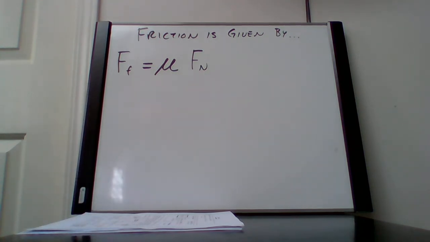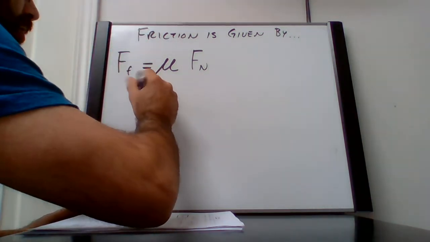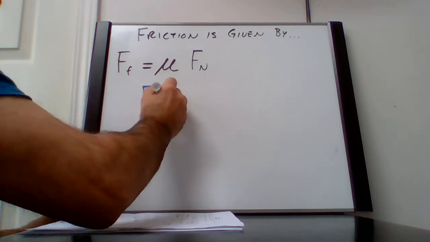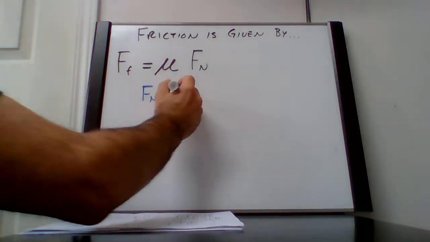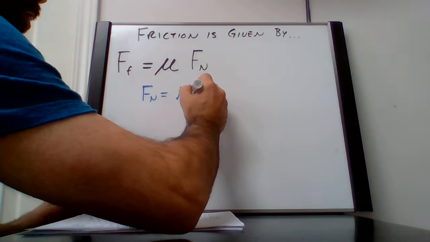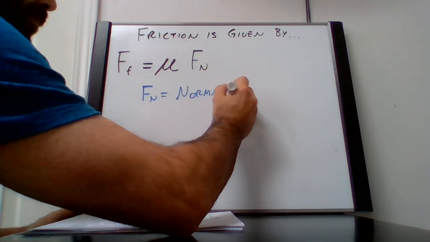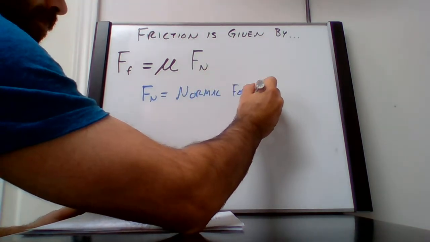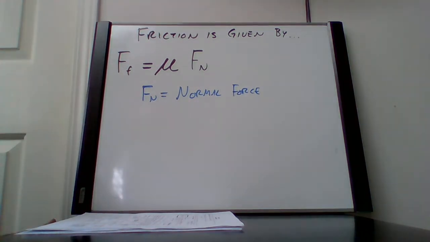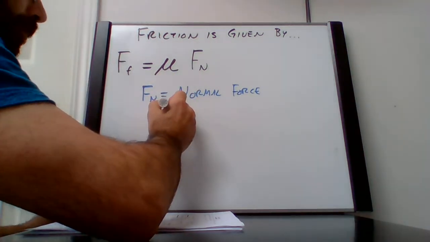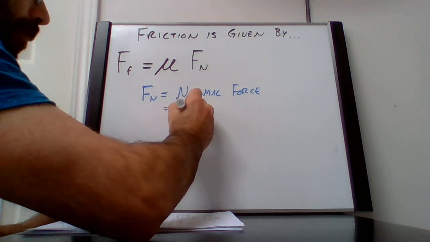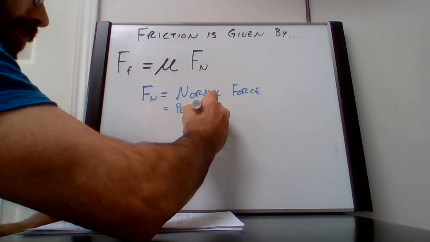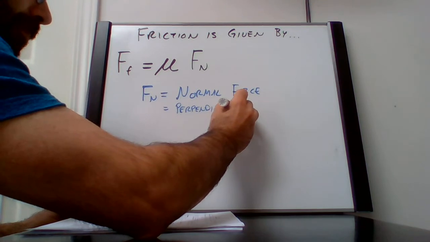But let's make sure we understand what these two are. So Fn, we've talked about this before. This is our normal force, and this one here is perpendicular to a surface.